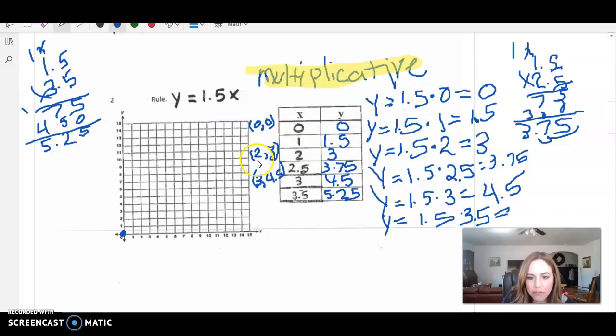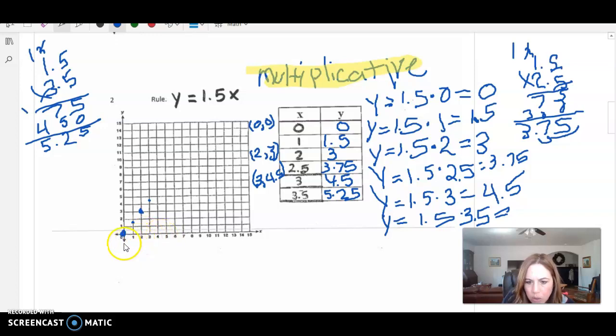Okay, let's graph 2, 3. Start at the origin, go to the right 2, go up 3, put a dot right there. And then 3 and 4.5. Remember, even though that number 4.5 isn't on our number line, we still know where it goes, because we know that 4.5 is right in between 4 and 5. And I'm going to do 1 and 1.5 so that I kind of know how my line is going.